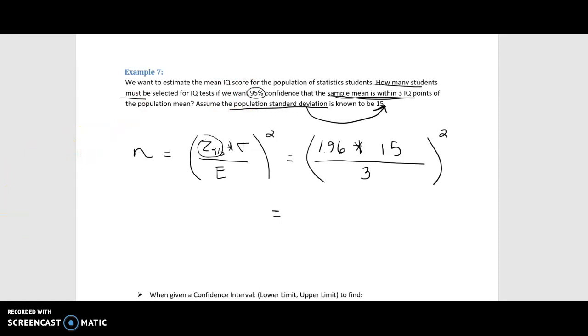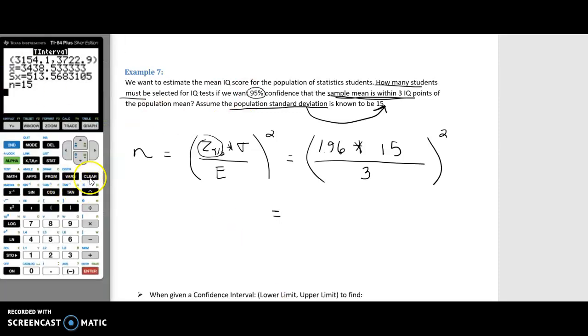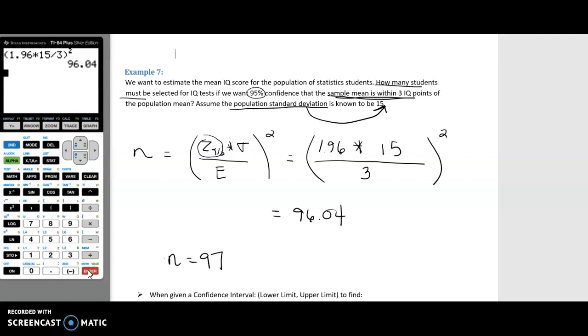So you go into your calculator and type this in. So parentheses 1.96 times 15 divided by 3, all squared, and you end up with 96.04. So your sample size that is necessary is 97.